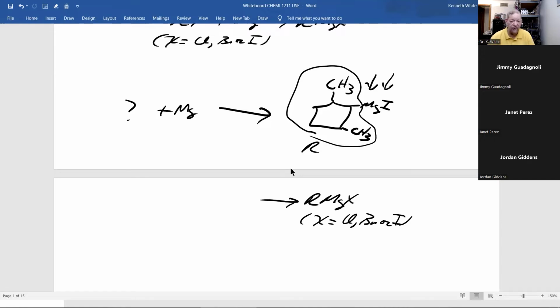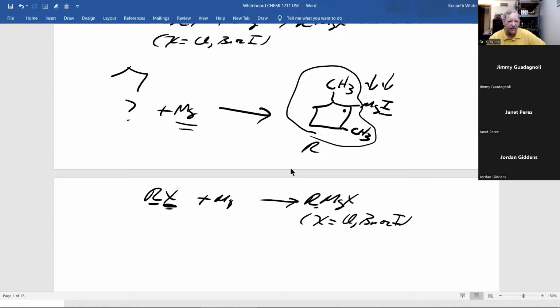And what do you react magnesium with to make that? And the answer is alkyl halide. Now, in this case, what's X? Well, we can see it, iodine. And the carbon with the magnesium iodide, or in this case, halide, is the carbon that the halogen will be on. Do you break carbon-carbon single bonds? No. So I have a ring.